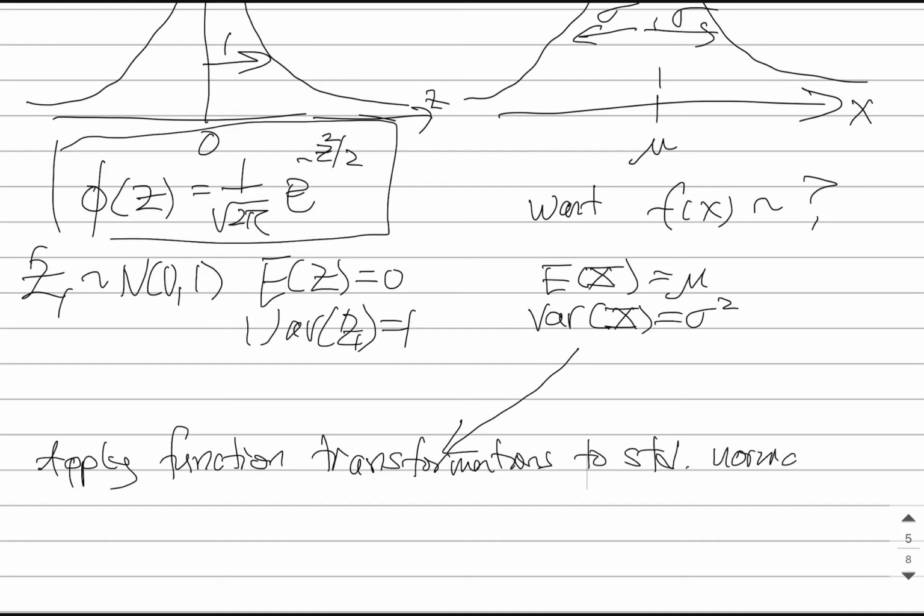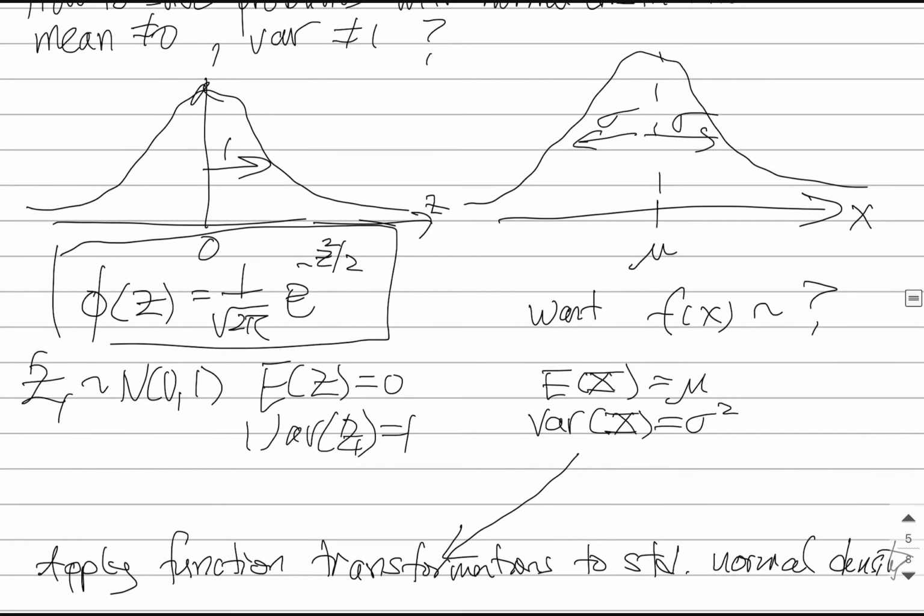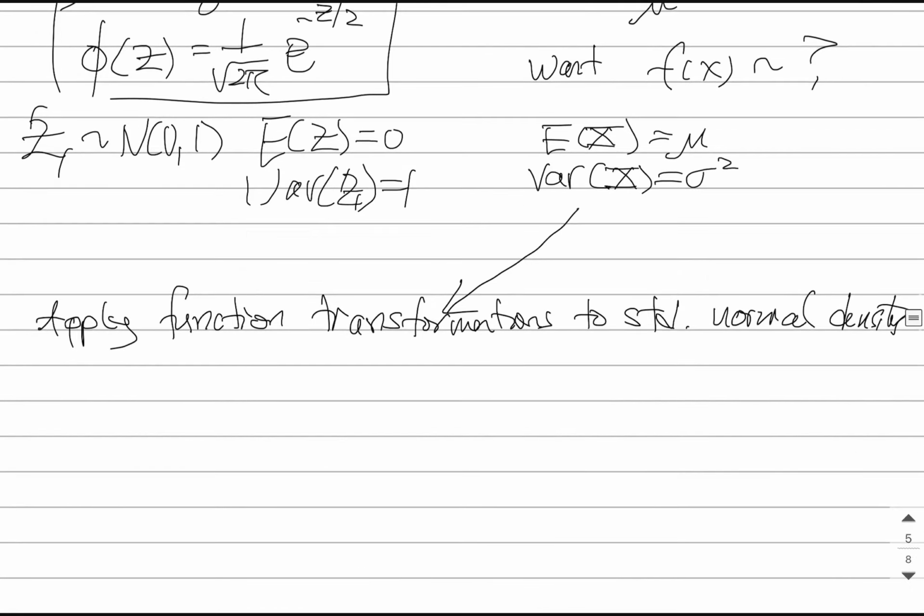And by looking at the picture, there are going to be 3 things that we want to accomplish. First of all, we would like to apply a horizontal shift, so we would like to move the normal curve left-right.